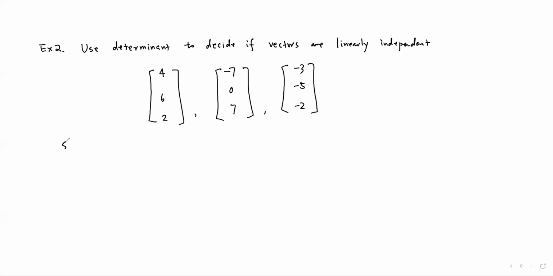Now, how to use the determinant to decide whether the three vectors are linearly independent? By definition, we need to solve this vector equation.